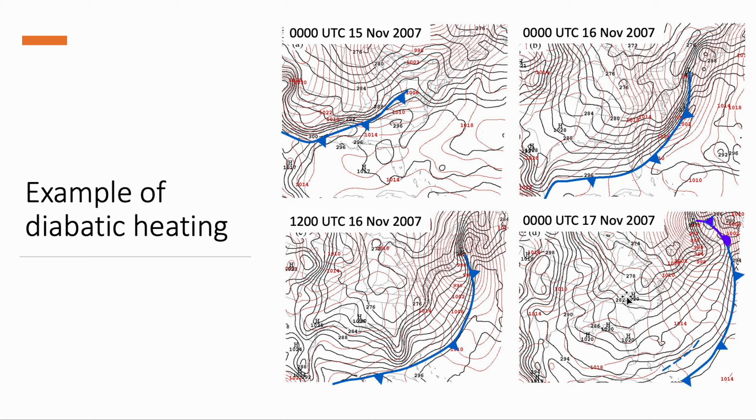Now, what I want you to pay attention to is this area over here where we have the front. You can see the isentropes pretty packed together, and as these move over the Gulf, where you'd have pretty warm ocean temperatures, you can see that these isentropes suddenly get spaced out quite substantially.